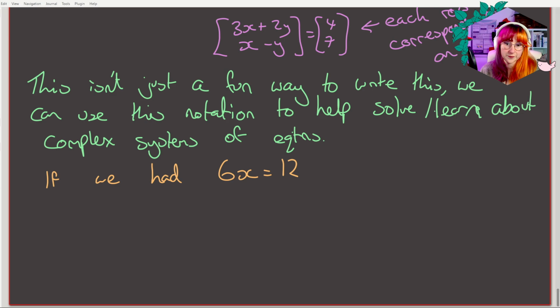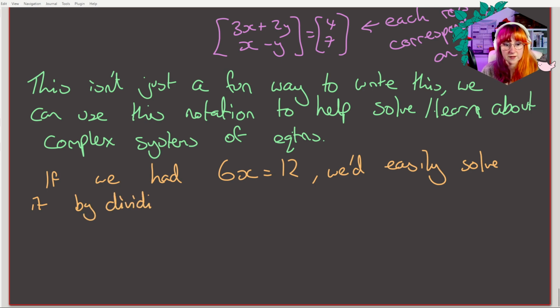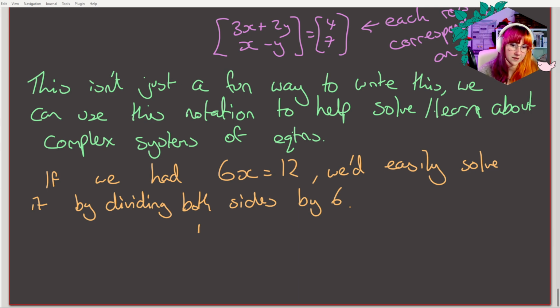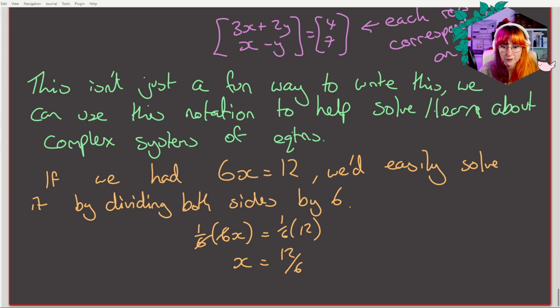So if I had the equation 6x is 12, we'd easily solve it by dividing both sides by 6. And that would look something like 1 over 6 times 6x is 1 over 6 times 12. And the 6's would cancel out here, and we get x is 12 over 6, which equals 2.